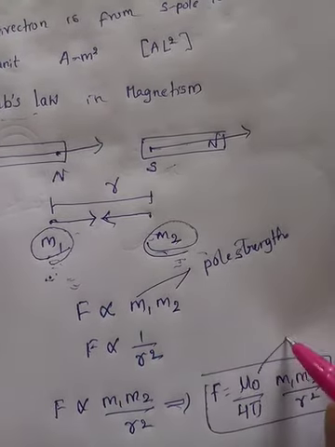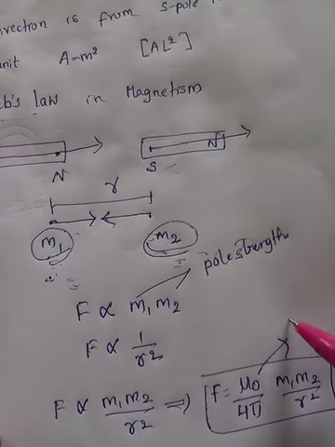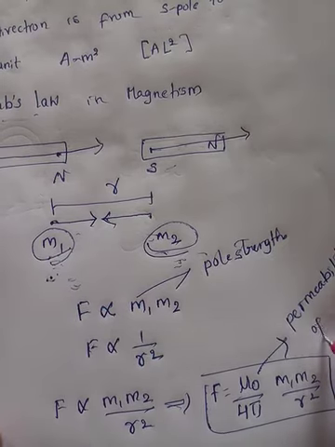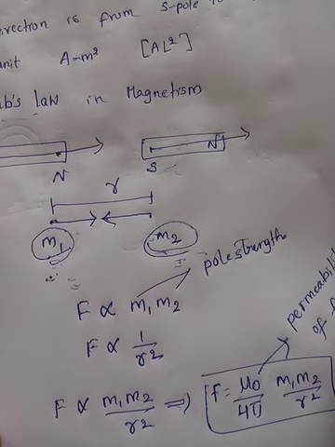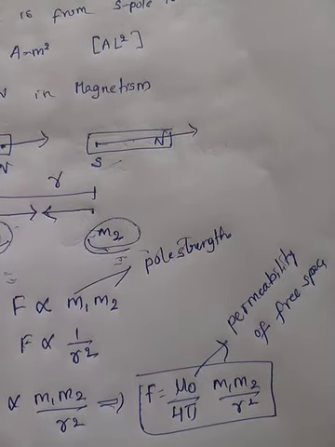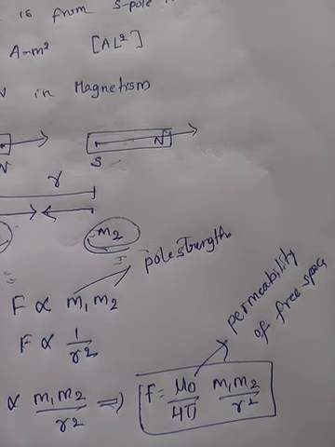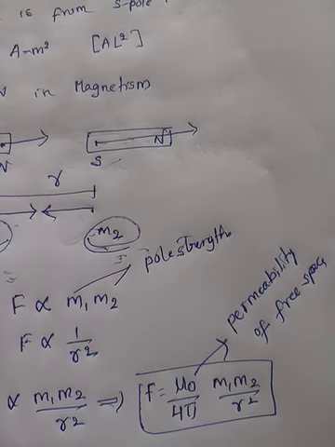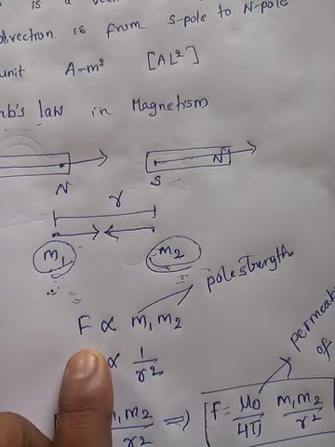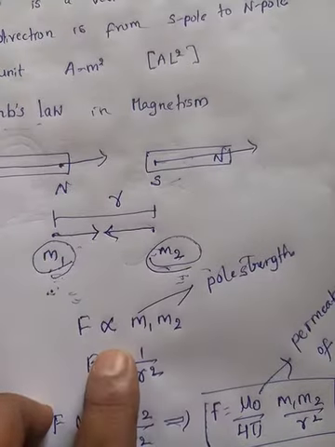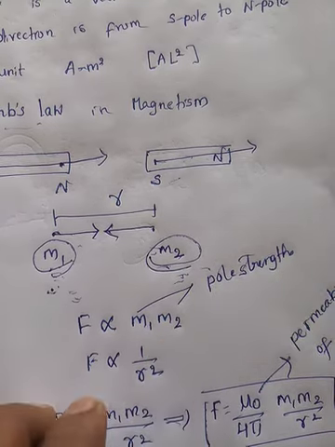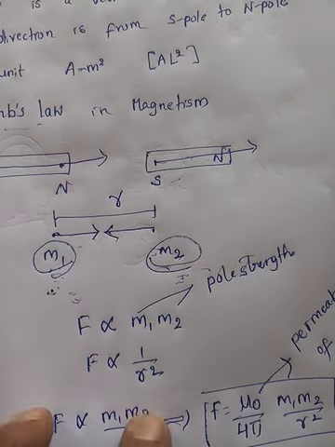As you know, in the magnetic field we replace 1 by epsilon naught with mu naught. What is this called in free space? Permeability of free space. If it is in a medium, it is called permeability of medium. So this is about Coulomb's law in magnetism. It is very similar to Coulomb's law in electrostatics. So we can define it as: the force of attraction or repulsion between two poles is directly proportional to the product of the magnitude of their pole strengths and inversely proportional to the square of the distance between them.